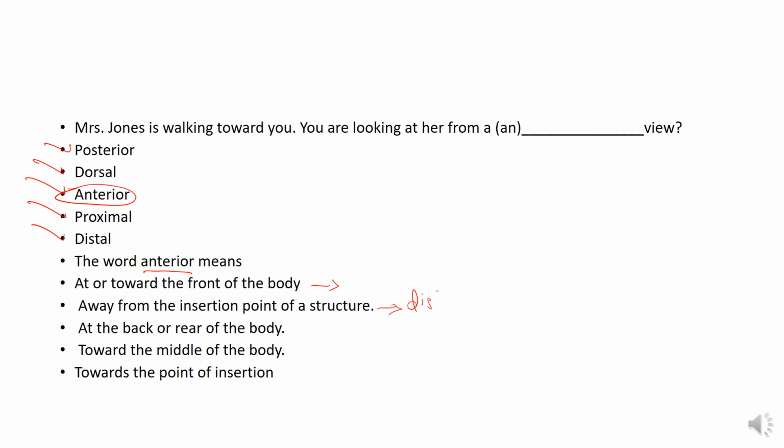At the back or rear of the body, it is the posterior. Towards the middle of the body, it is the medial. And towards the point of insertion is the proximal. So the correct answer is the anterior, at or towards the front of the body.